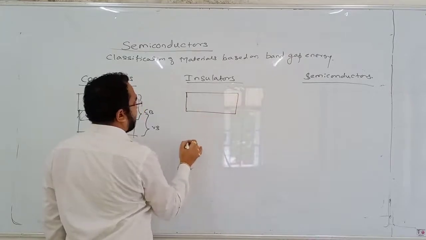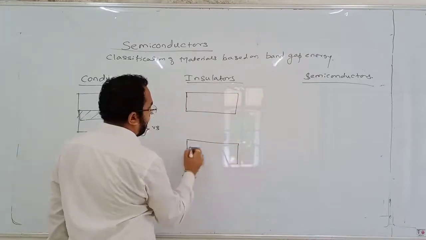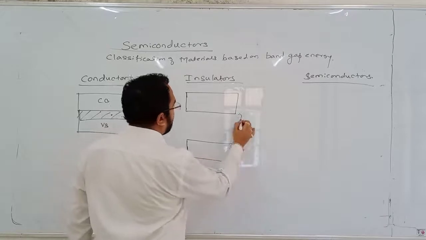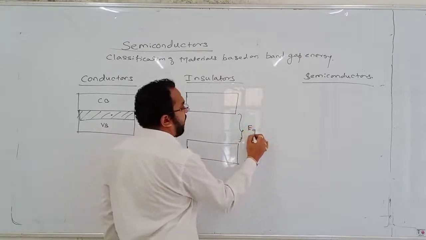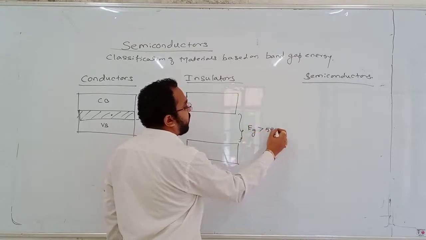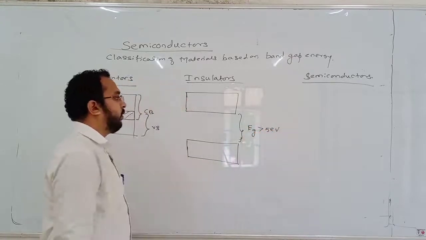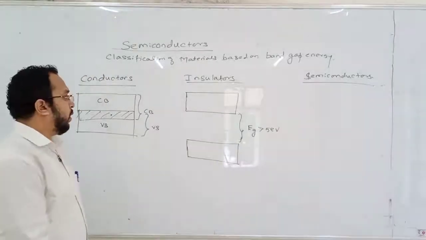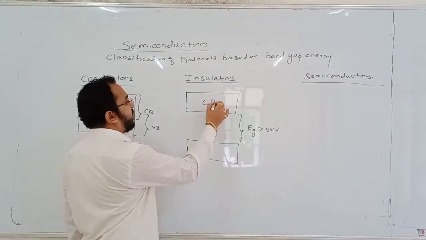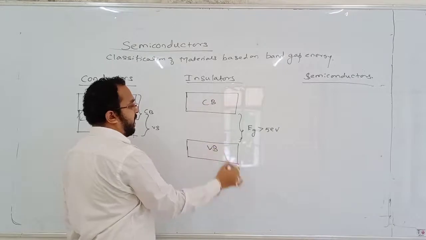In insulators, the band gap is very much higher. This energy gap is greater than 5 electron volt. This one is the conduction band, this one is the valence band.